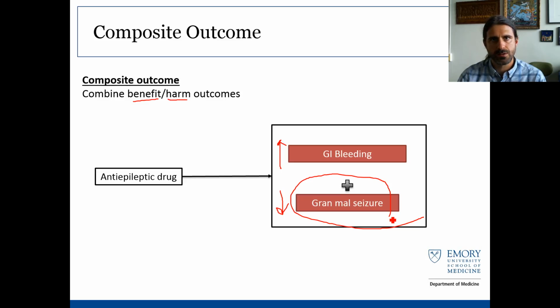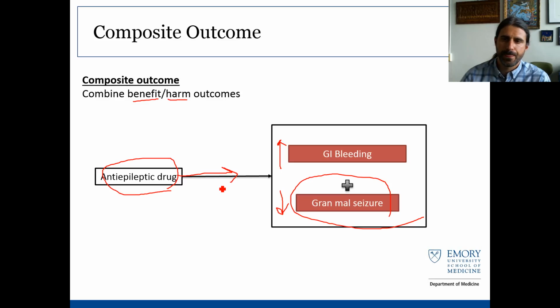Well, if you combine those two in a composite, they may balance each other out, so that the concluding result of the trial is that your anti-epileptic drug causes no difference in the primary composite outcome. Although it decreased grand mal seizures, it causes an excess of bleeding, therefore there's no difference, or there's equivalence.